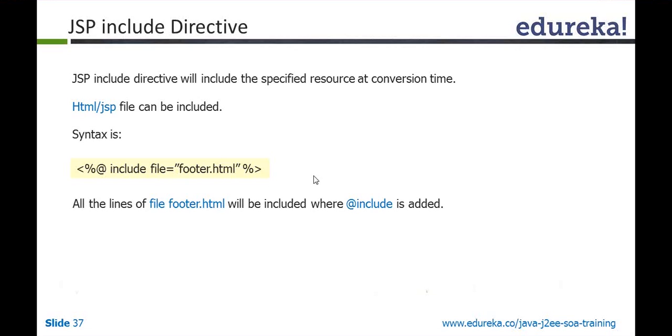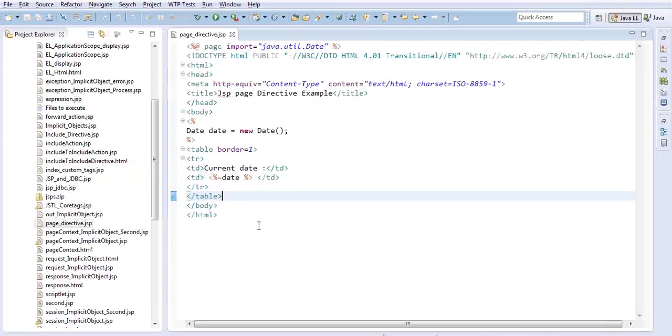So the major advantage of @include is code reusability. Repetition of the code will not be there, maintenance will be easy, right? All these are the advantages of include directive. Let's look at include directive.